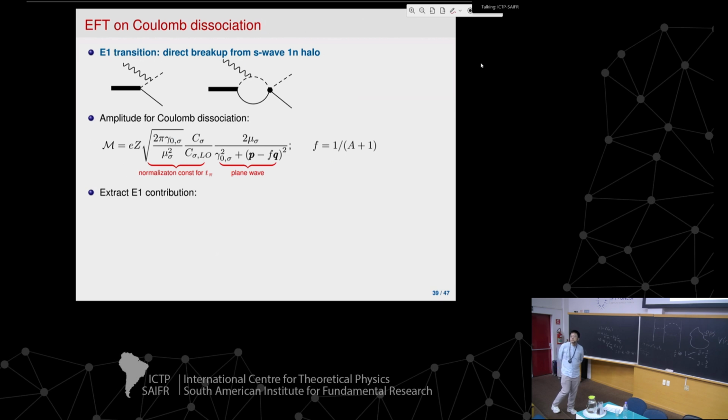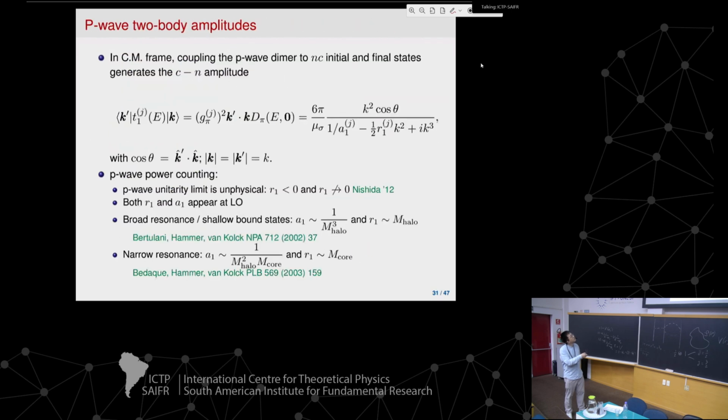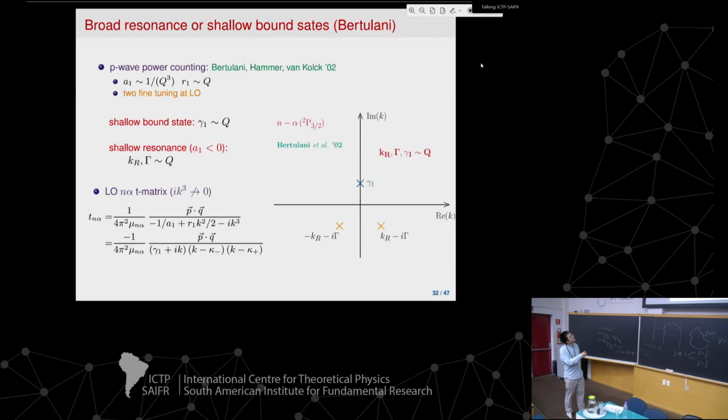And then I had another short question about when you showed the Bertulani power counting versus the other power counting. I did not understand where that comes from. In the Bertulani case, I think it was slide 31, you said something about the width being broad, the resonance. So basically, you need to expand this.